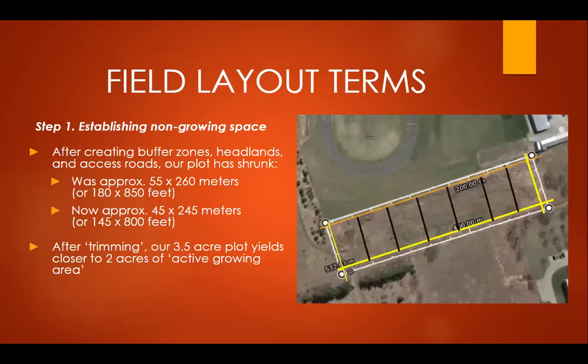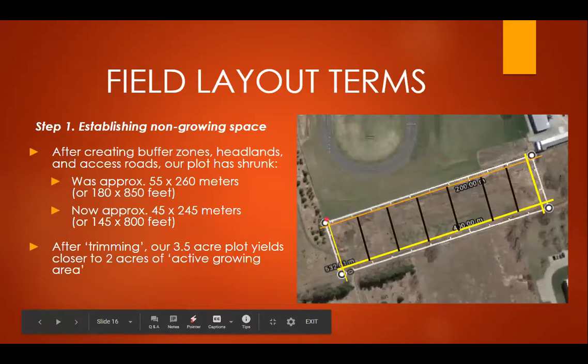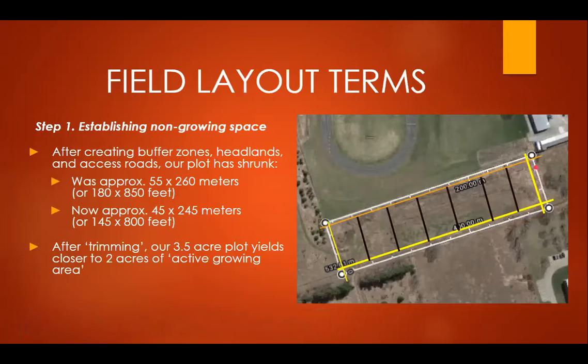Okay, so our plot now, we took a very long rectangular plot. We put in our buffer zone next to our conventional neighbor, is what we're assuming. We put in our headland, so we have access to turn around our rototiller or just ourselves on the ends of the beds.